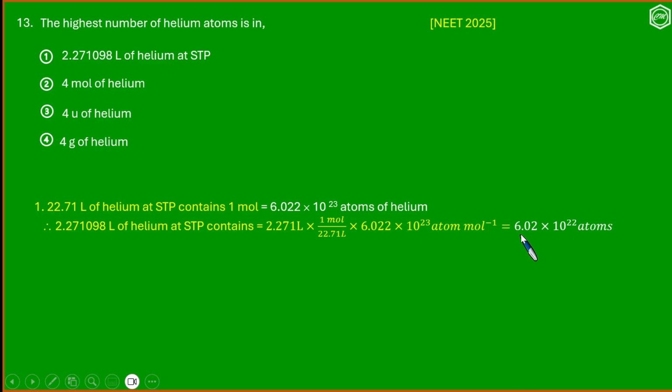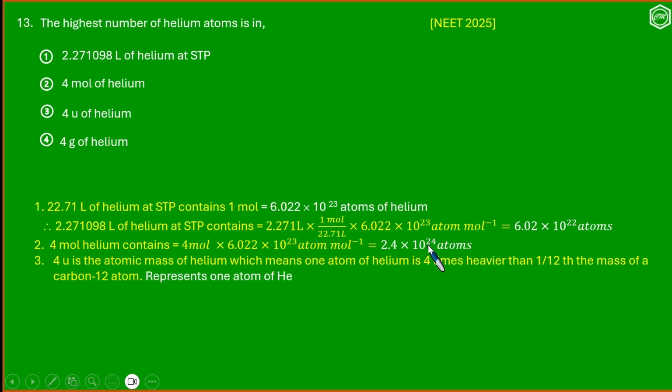And this comes out to be 6.02 into 10 raised to 22 atoms. Second option, 4 mole helium contains 4 mole into 6.022 into 10 raised to 23 atoms per mole, that is 2.4 into 10 raised to 24 atoms.